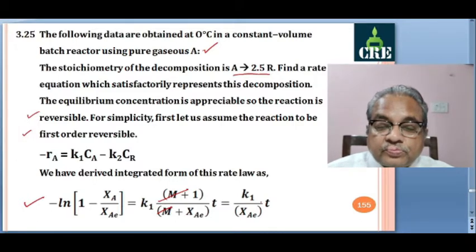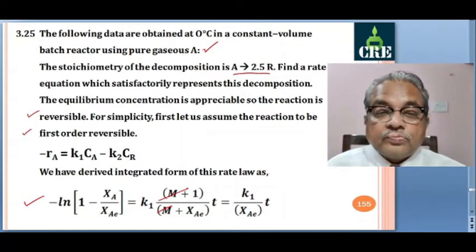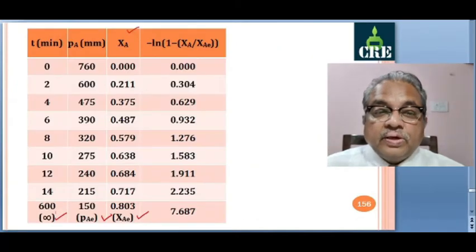So what we will do, we will make y equal to mx plot, no y-intercept. Now we will obtain the data. XA can be obtained from 1 minus PA by PA0. We want on the y-axis minus ln of (1 minus XA by XAE).